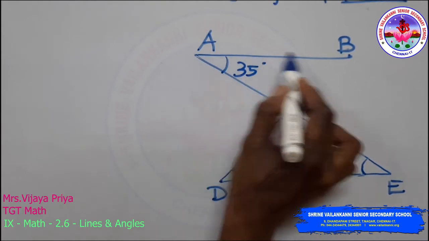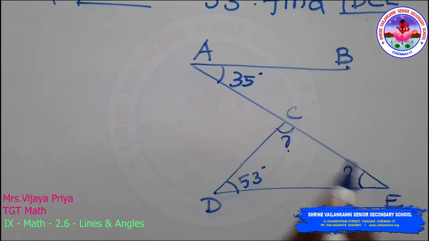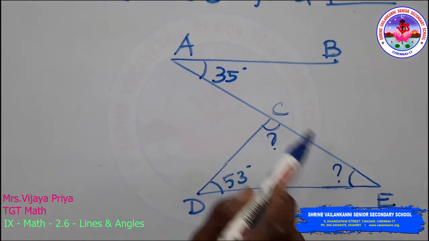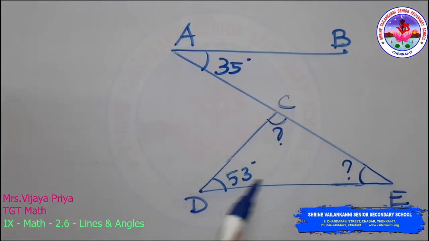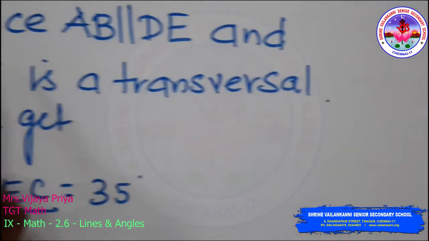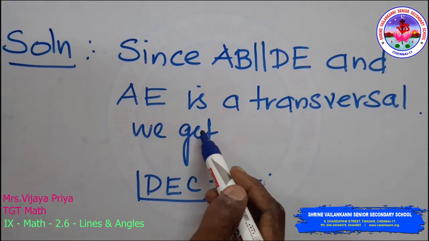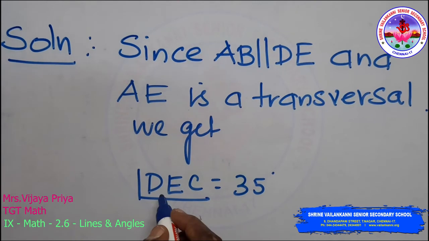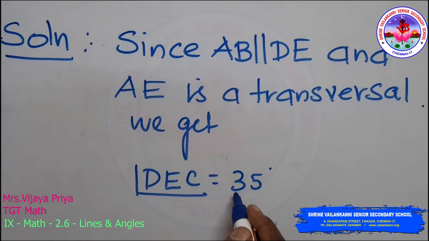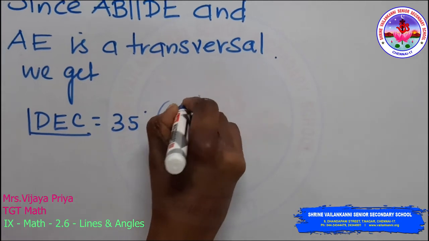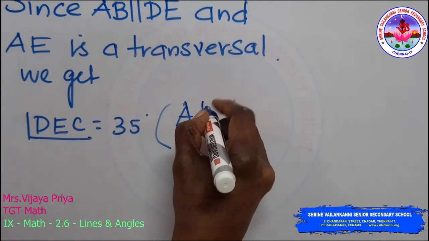Since he has given AB is parallel to DE and I am taking AE as a transversal, I can relate with the alternate interior angles. So now coming to this solution, since AB is parallel to DE and AE is a transversal, we get angle DEC is equal to 35 because it is alternate to angle BAC.